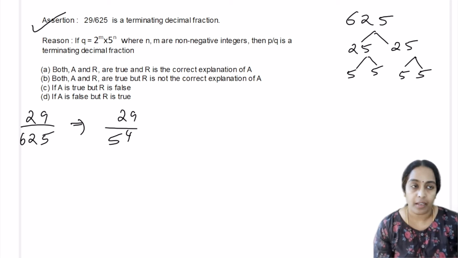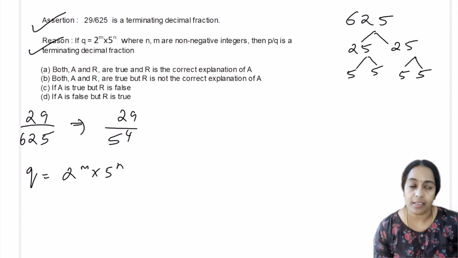Reason: if q, the denominator, is 2^m into 5^n, where n and m are non-negative integers, then p by q is a terminating decimal fraction. Reason is also true, and reason is the correct explanation for the assertion statement.